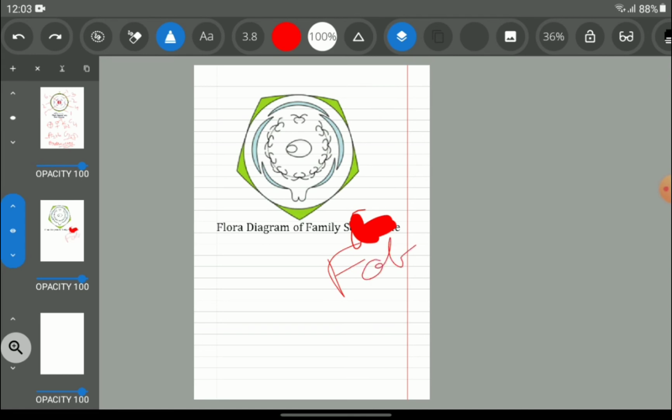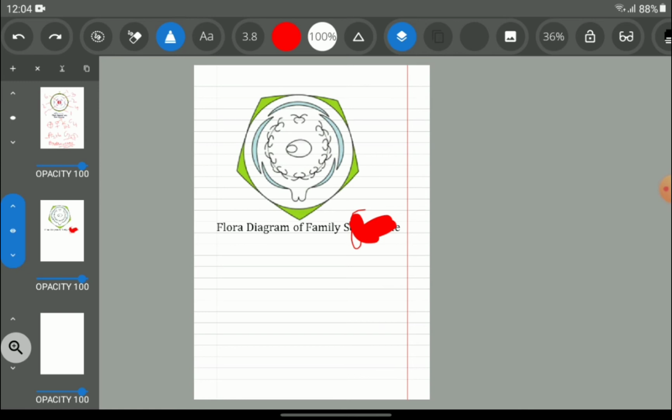Over here I have the floral diagram. Shall I erase this thing? We have the floral diagram, and with the help of the floral diagram we are going to write the floral formula.